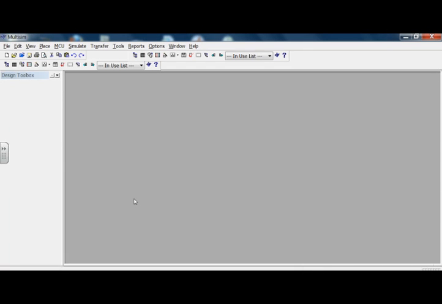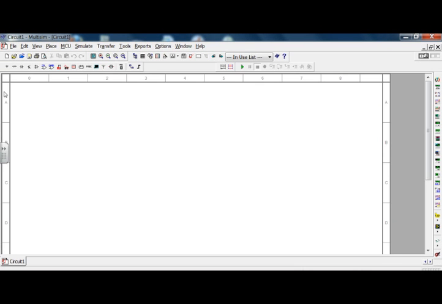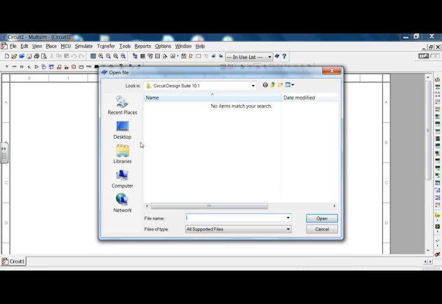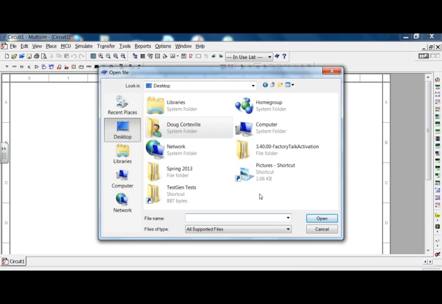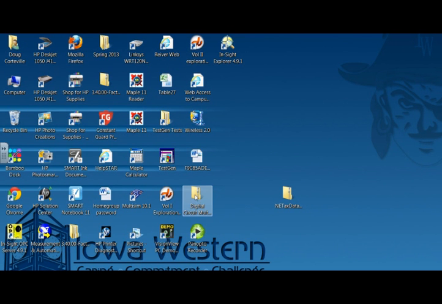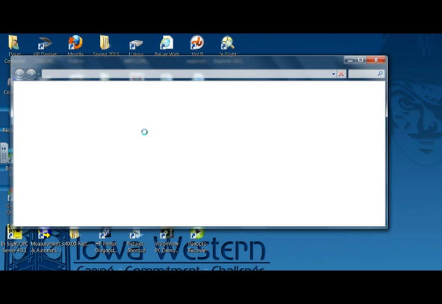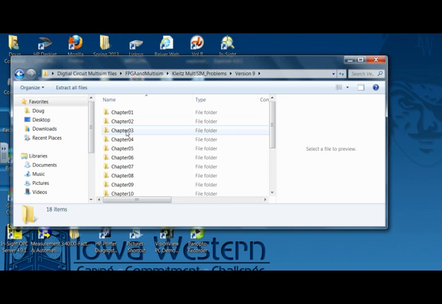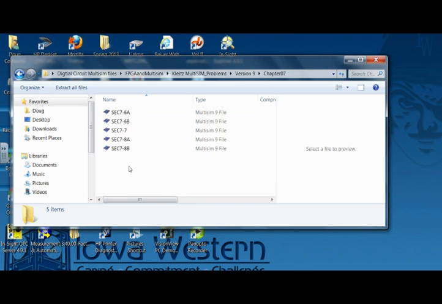Load circuit 7-. Okay. File, Open, Desktop. I don't see it. You see it? I don't see it. But I know it's there. It's probably zipped. Problems 9, 7, 7.